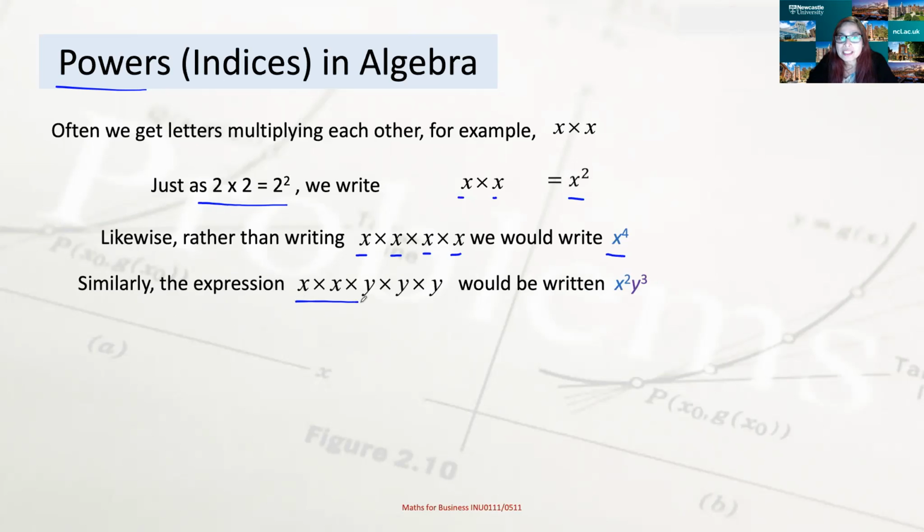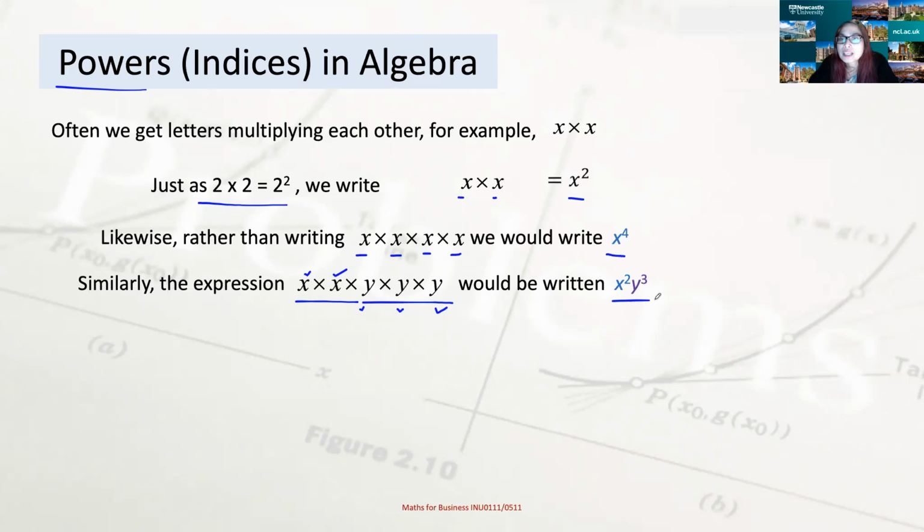How can you write this? Look at that. Here you have 2 different variables. You have x, and then you have y, y, y. So you can only add the powers for the same variable. So x squared times y cubed.